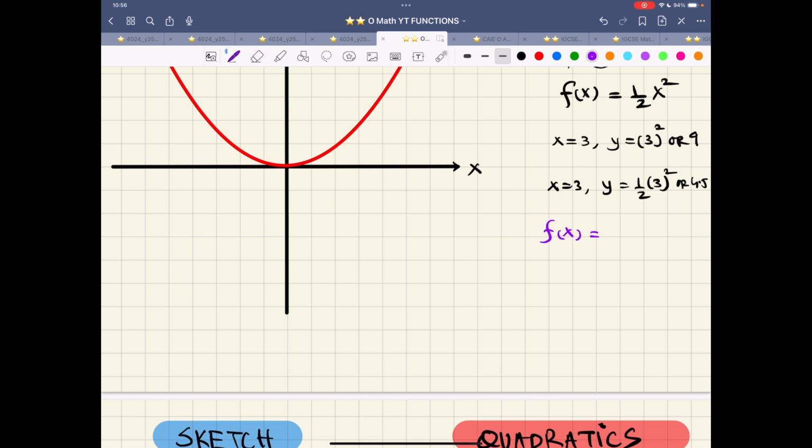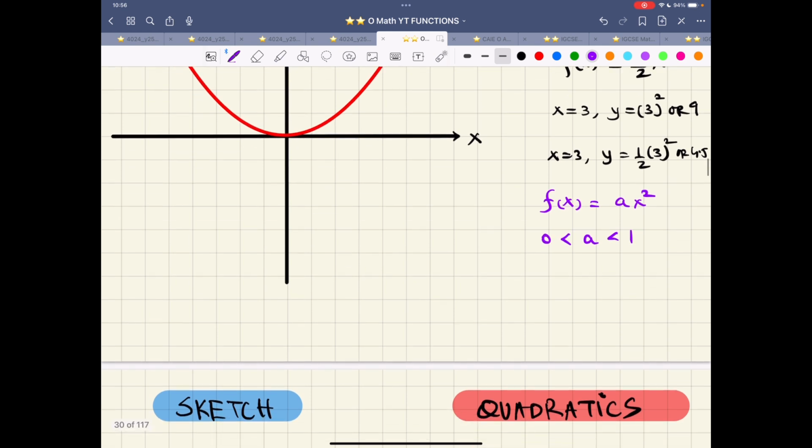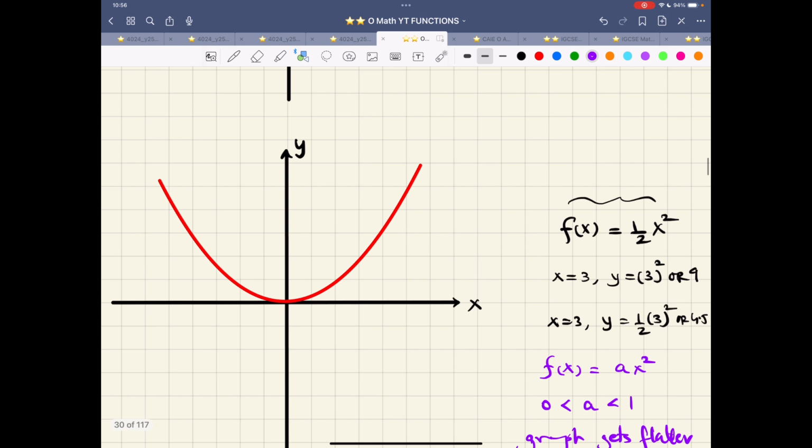If f(x) is ax square and a is a fraction between 0 and 1, what happens? The graph gets flatter towards the x-axis. So now let me draw this flattening thing. So the graph gets flatter towards the x-axis, something like this.